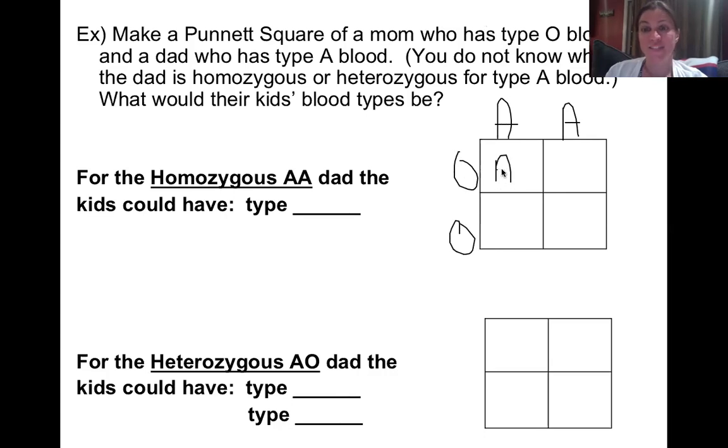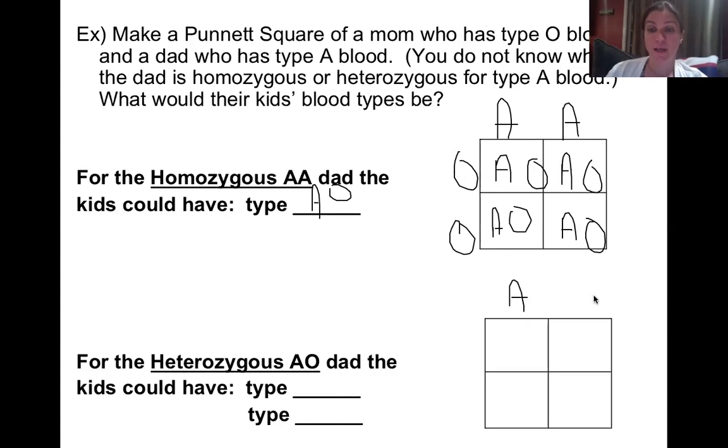So if dad is AA blood, mom is OO blood, you can see that there is only one possibility the children can be: AO, 100% possibility. But now if dad is AO blood, we're going to have 2 possible combinations.